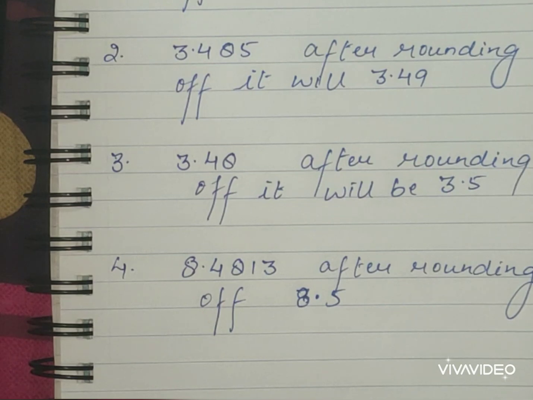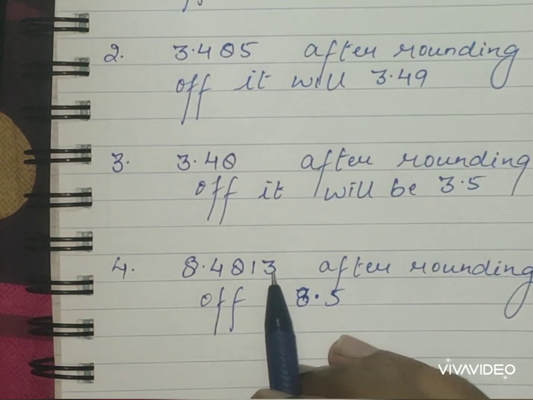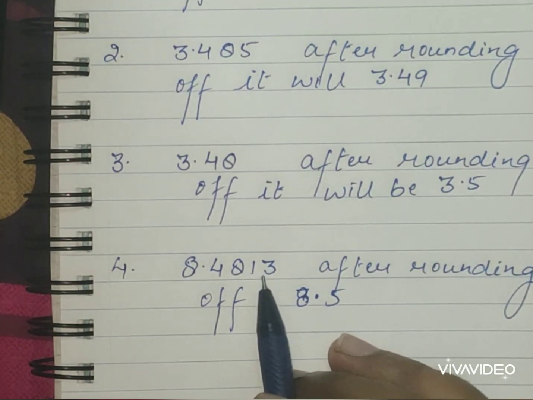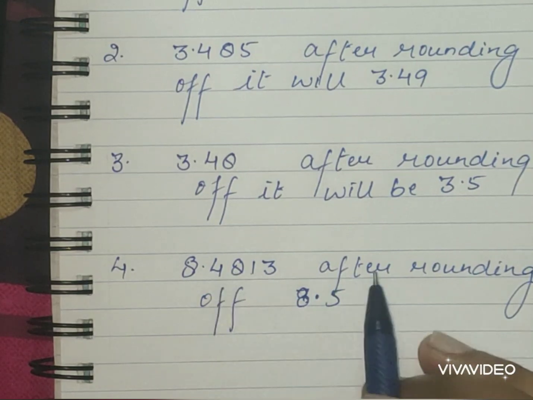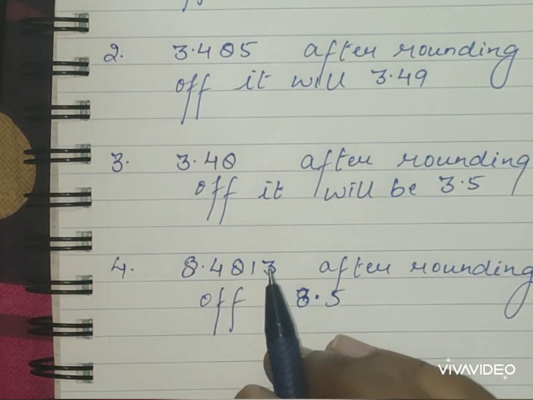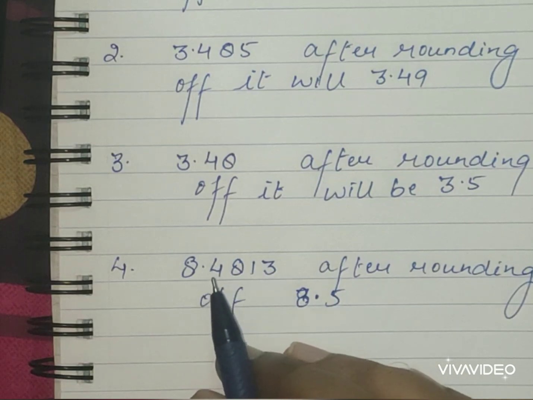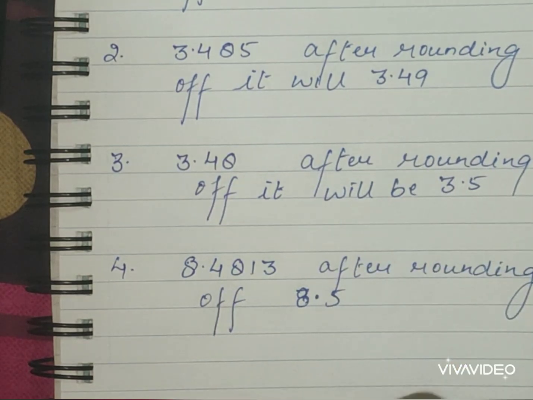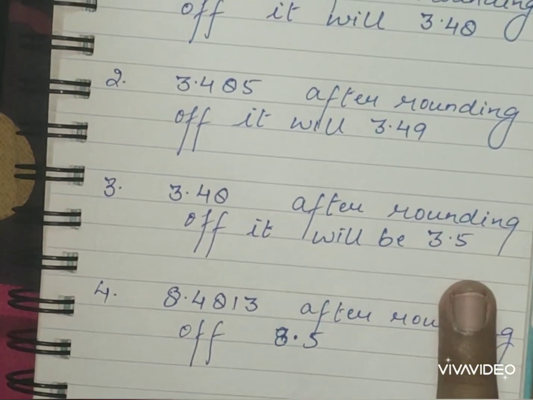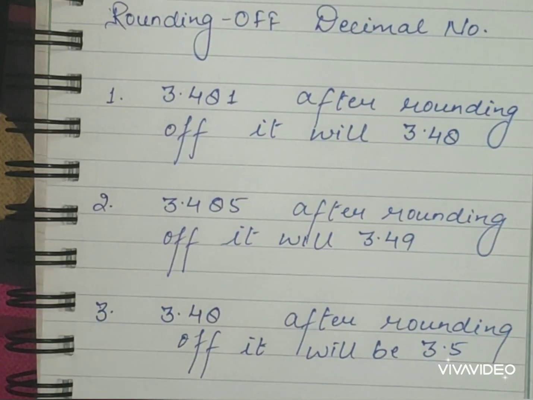Clear? Why? Because 1 and 3 will not be considered because they are less than 5, and here 8 is more than 5. So automatically we are requiring till one digit only after the decimal, so automatically this will be converted into 5. I hope you have understood. See it clearly again.